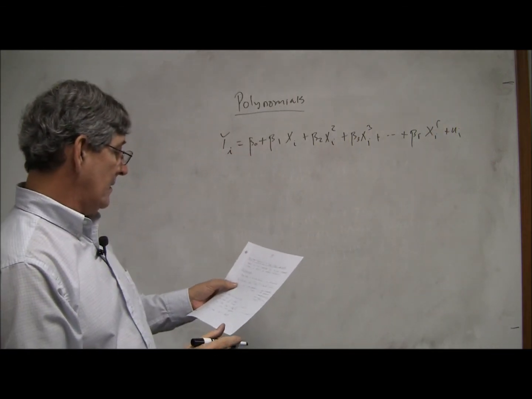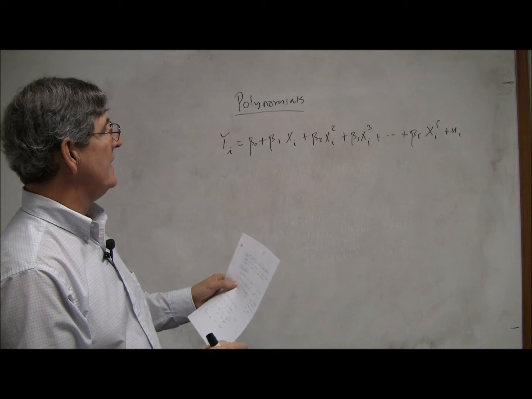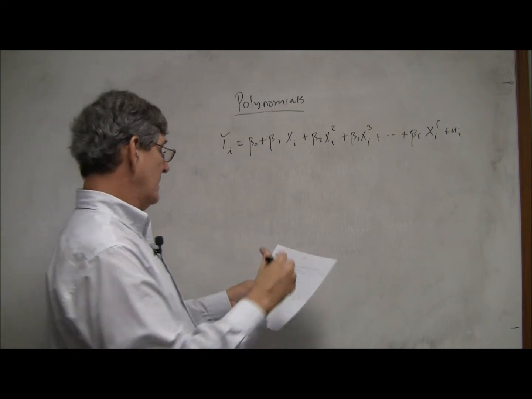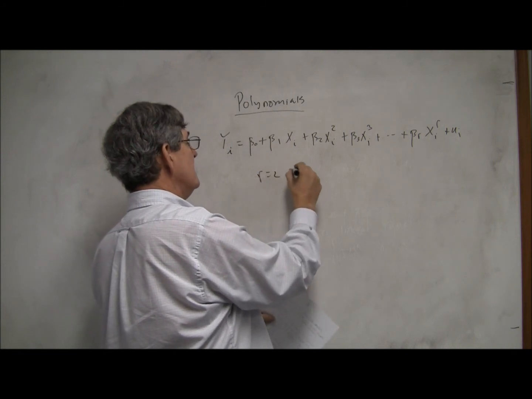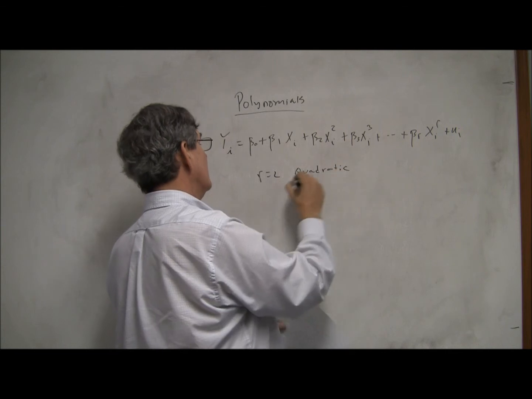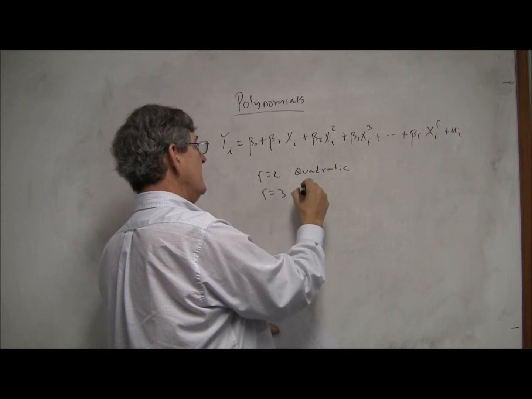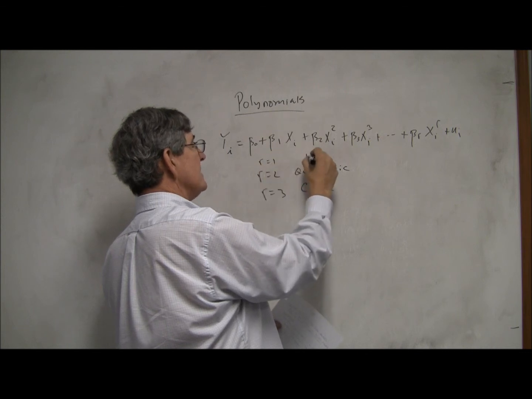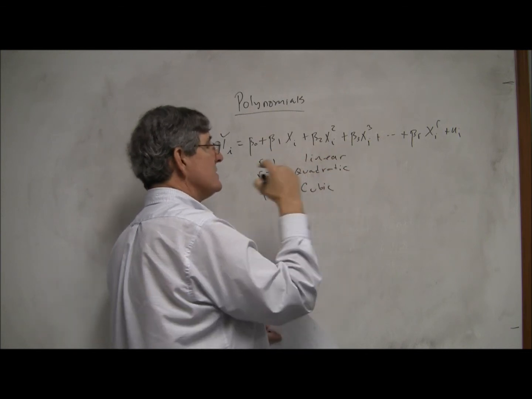And so here we've got potentially a polynomial of degree r. When r equals 2, we call it a quadratic model. When r equals 3, it's cubic. I guess I should have said when r equals 1, it's linear in just that one x.